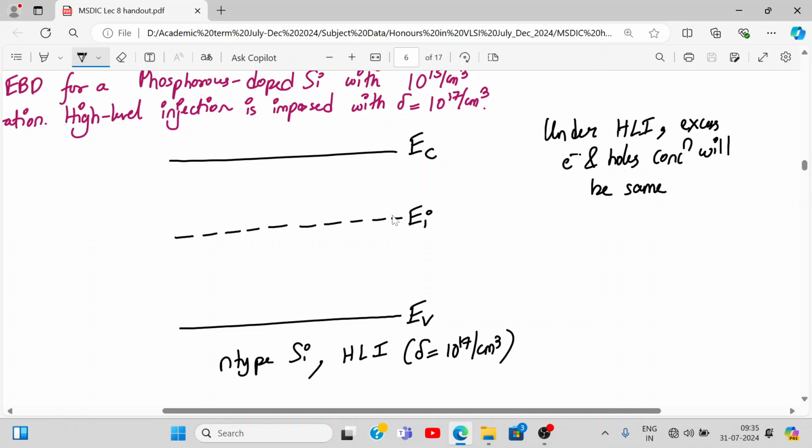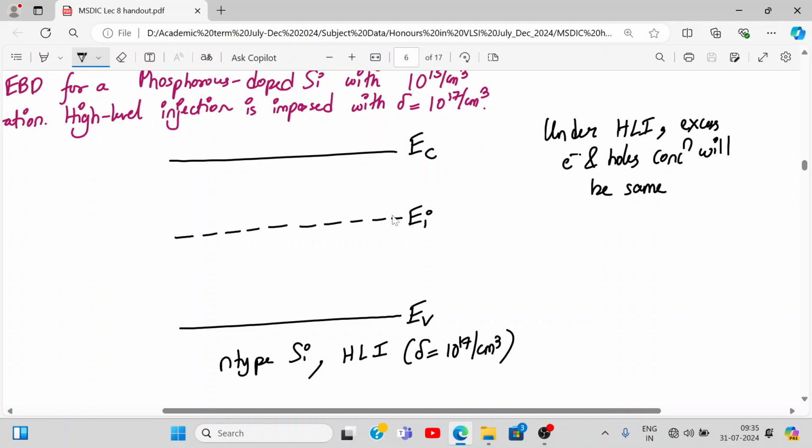For example, high level injection is 50 lakh. ND is 10 lakh. Minority carrier concentration is 50,000. Now, if you impose high level injection, if you add 50 lakh, 50,000 will be negligible. So your minority carrier concentration will become 50 lakh. What happens to majority? Majority was 10 lakh. Now, if we added 50 lakh, it will definitely get disturbed. So under high level injection, the excess electron and hole concentration will be same.